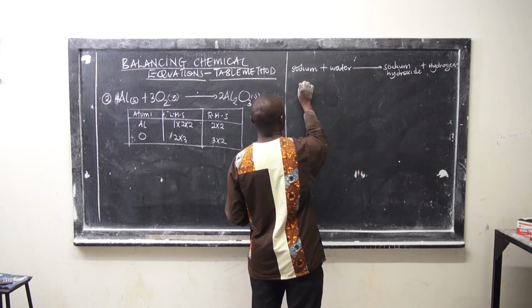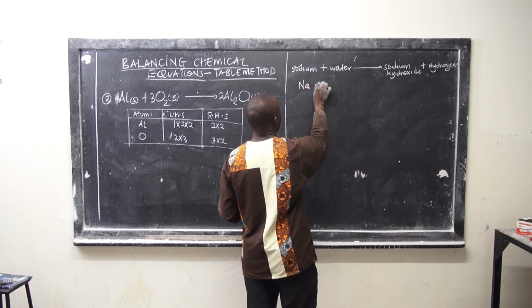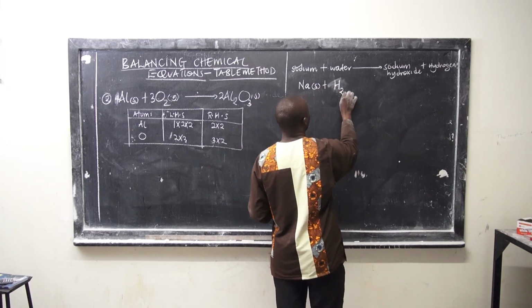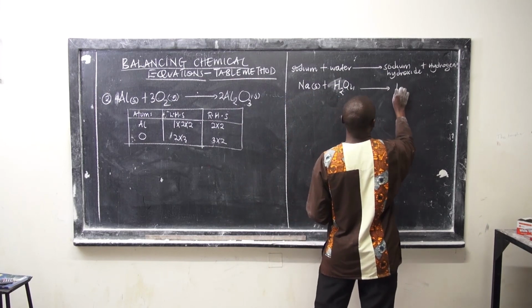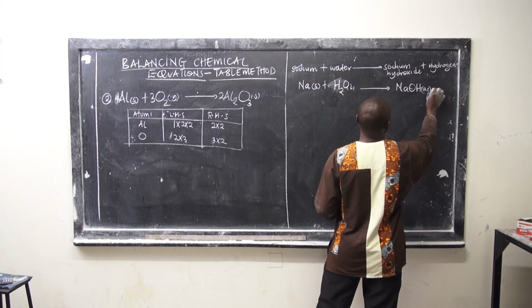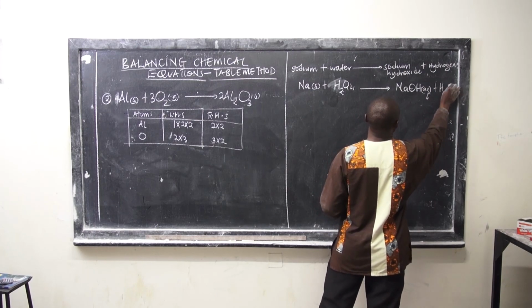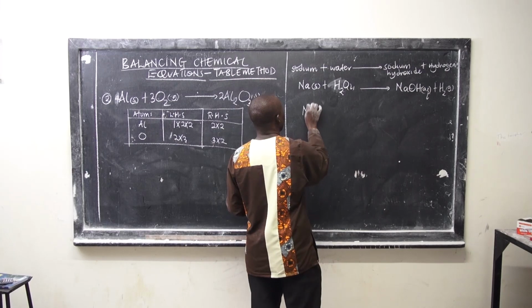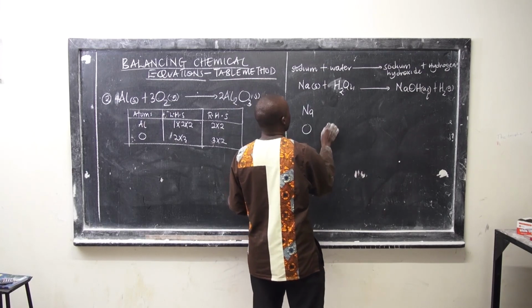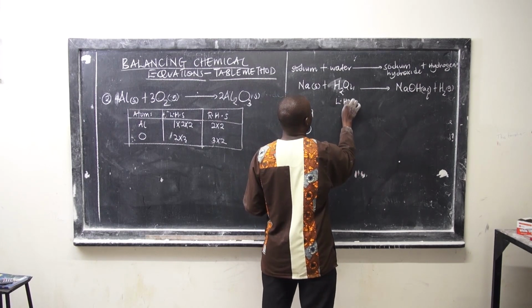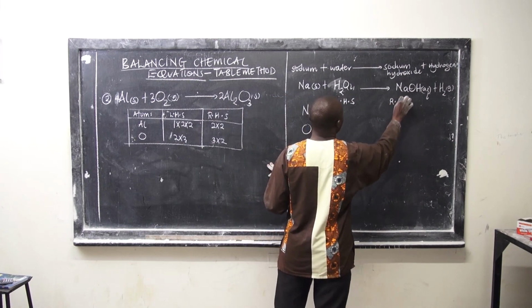I have sodium. Sodium is Na plus water, H2O, gives me sodium hydroxide plus hydrogen gas. Let's list the atoms this side.